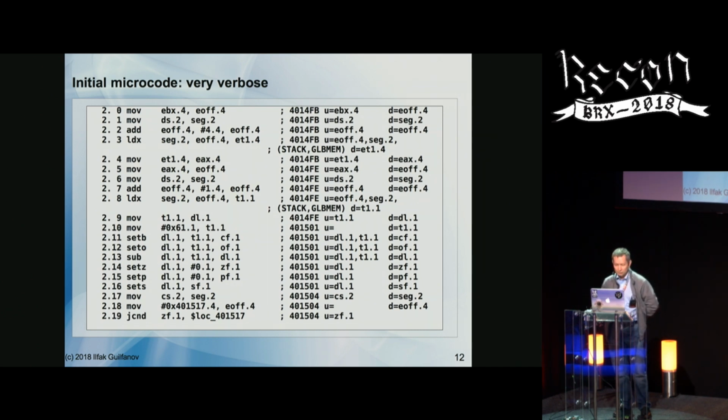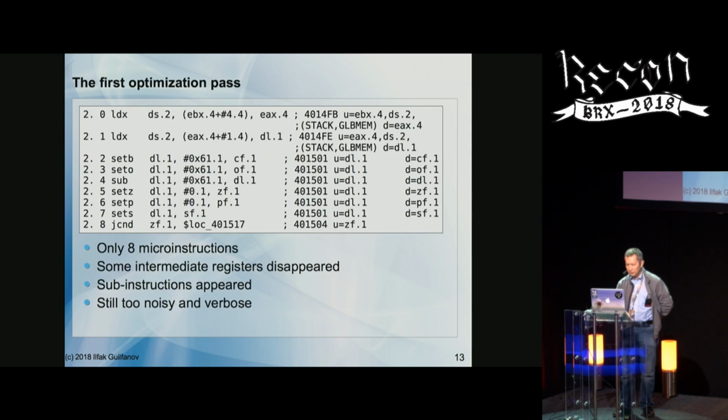You see, that's very verbose, and it can be simplified a lot. In fact, the first thing we do, we go over this initial very verbose microcode, and we make it shorter. You see what happened next? The first instruction got converted into 1 micro instruction now.